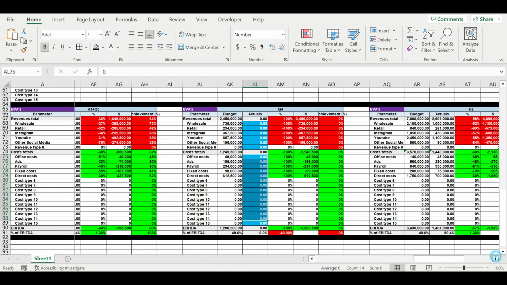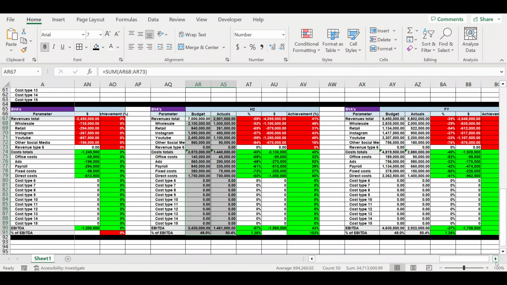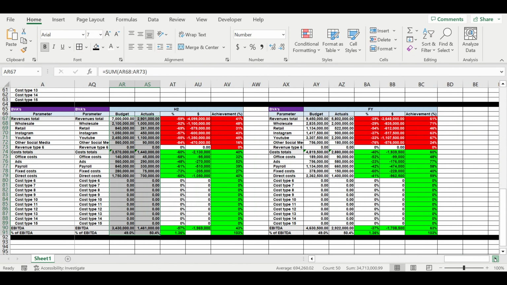Then we calculate H2 BVAs, they are calculated automatically. And then finally we are looking at the whole financial year and see how the business is performing during the whole financial year.